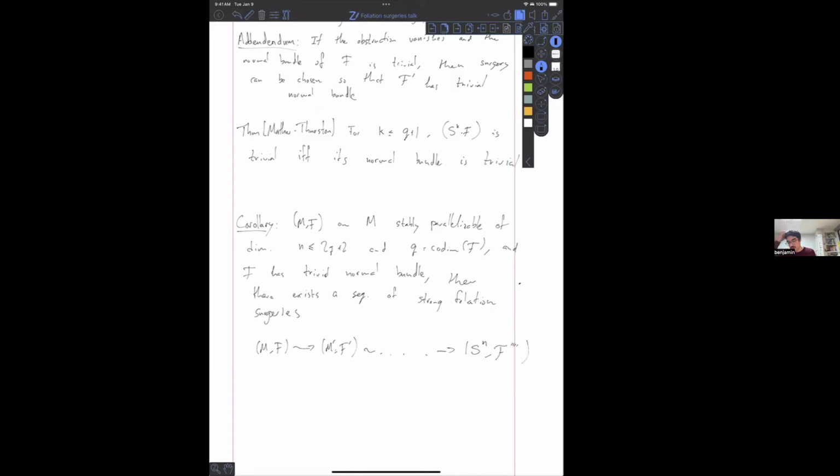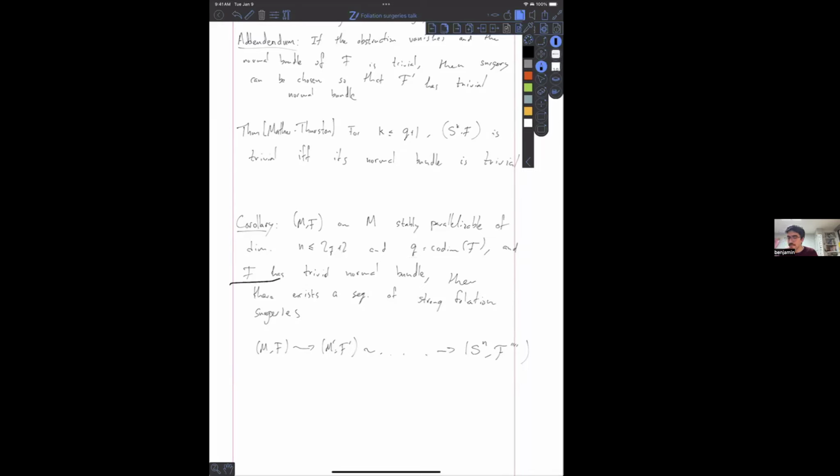And so the idea is we use stably parallelizable, which says we can do surgery below the middle dimension. And on top of that, the spheres that you're doing surgery along are of dimension small relative to the codimension, because they're less than half.